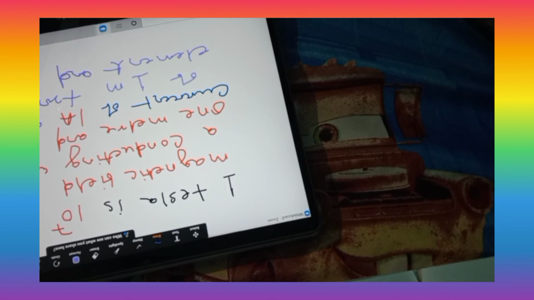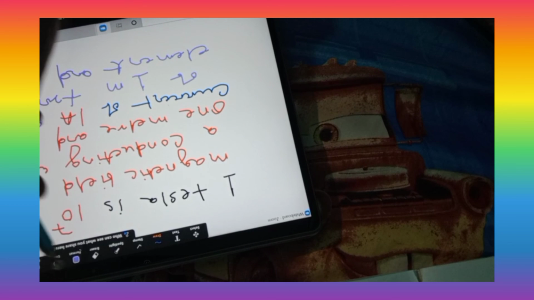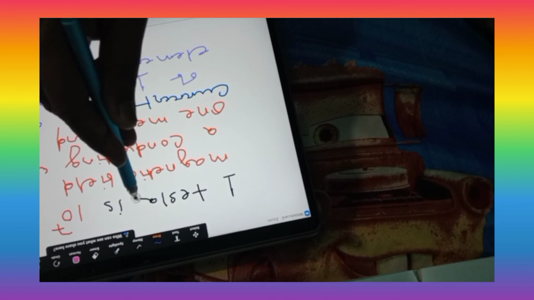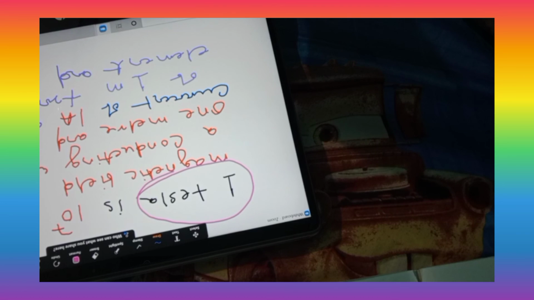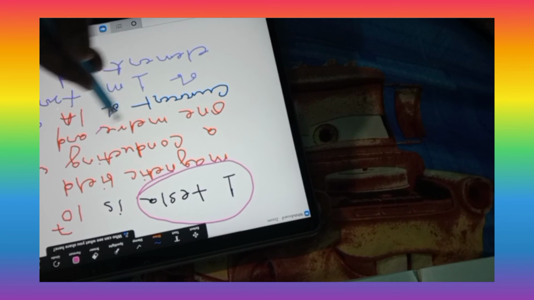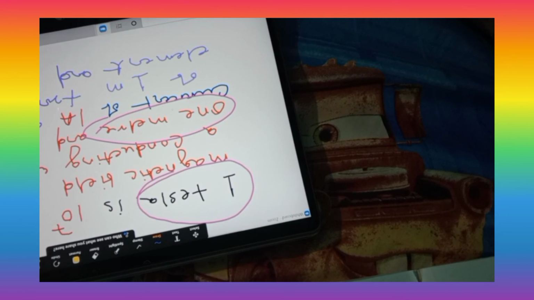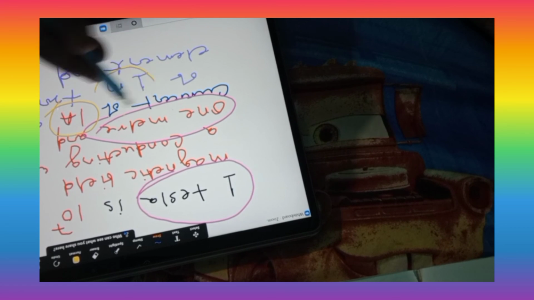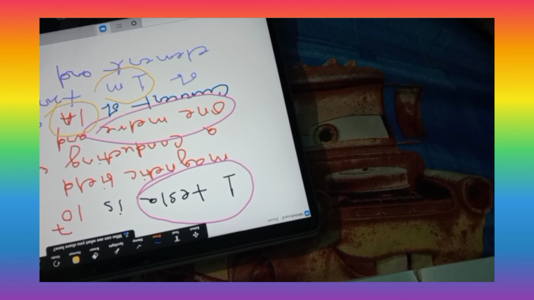So it is clear what the SI unit of the magnetic field is: Tesla. 1 Tesla is 10 to the power 7 times the magnetic field produced by a conducting wire of length 1 meter carrying a current of 1 ampere, at a distance of 1 meter from the current element and always perpendicular to it. So this is the important concept and derivation of the Biot-Savart law and its SI unit.